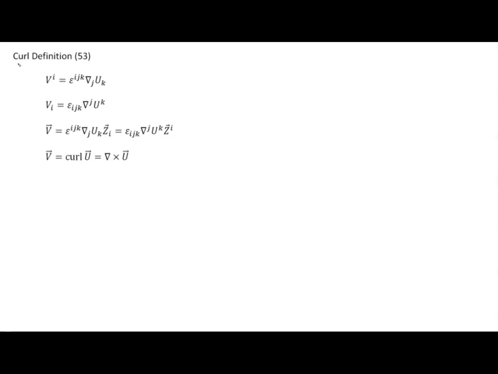We started by defining an operation known as the curl. We defined it this way. It is the covariant derivative of a vector u_k combined with our Levi-Civita symbol like this to produce a new vector v.